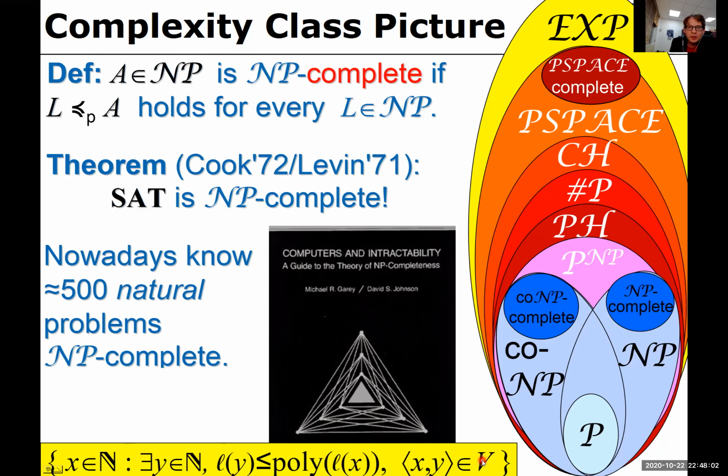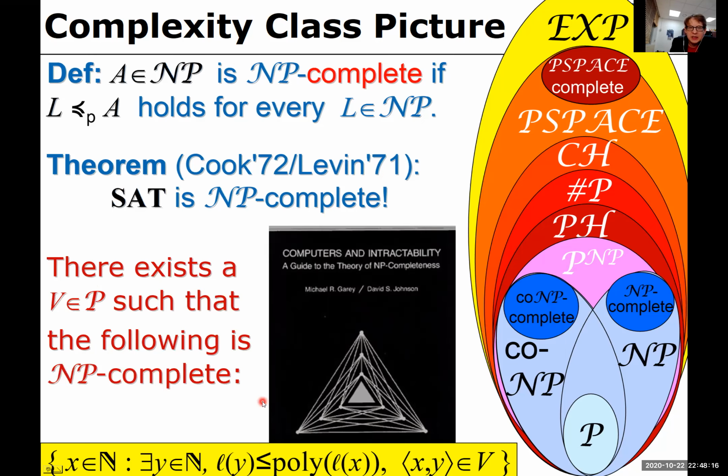And for later purpose, when we talk about real complexity, it will turn out to be beneficial to record a strengthening of that theorem. Namely, there exists a polynomial time decidable verifier such that we can replace the polynomial here with actually the identity. That is, it's no loss of generality.